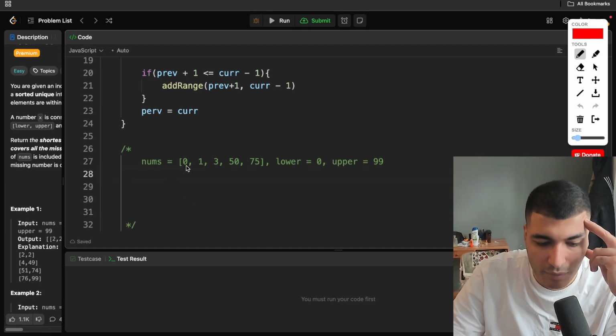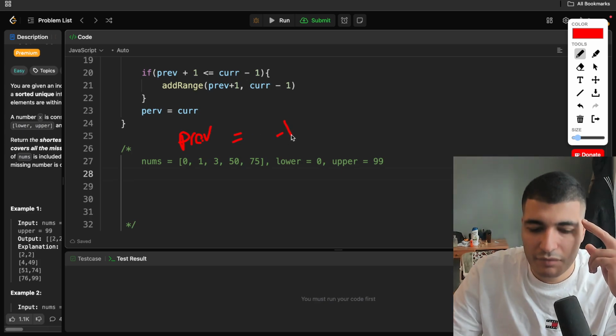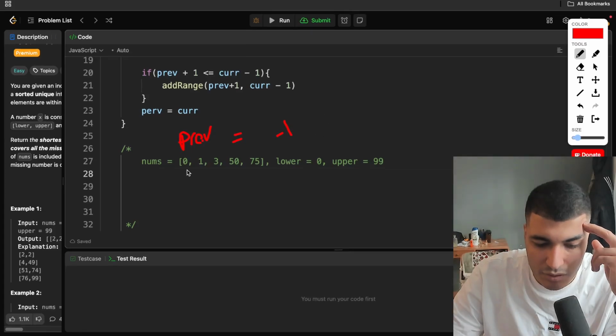The previous will equal lower minus 1, so prev will equal minus 1, and current will start from here, so current will equal 0.